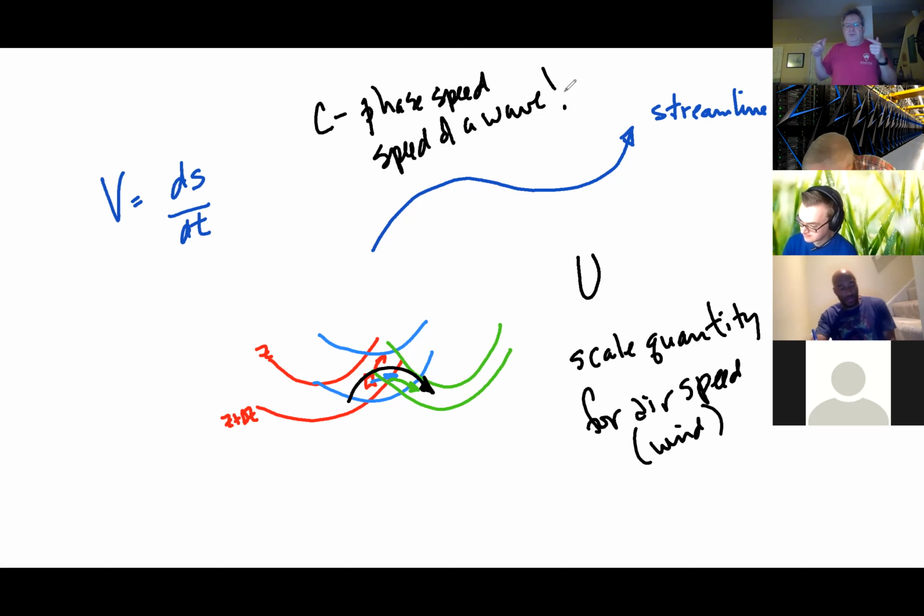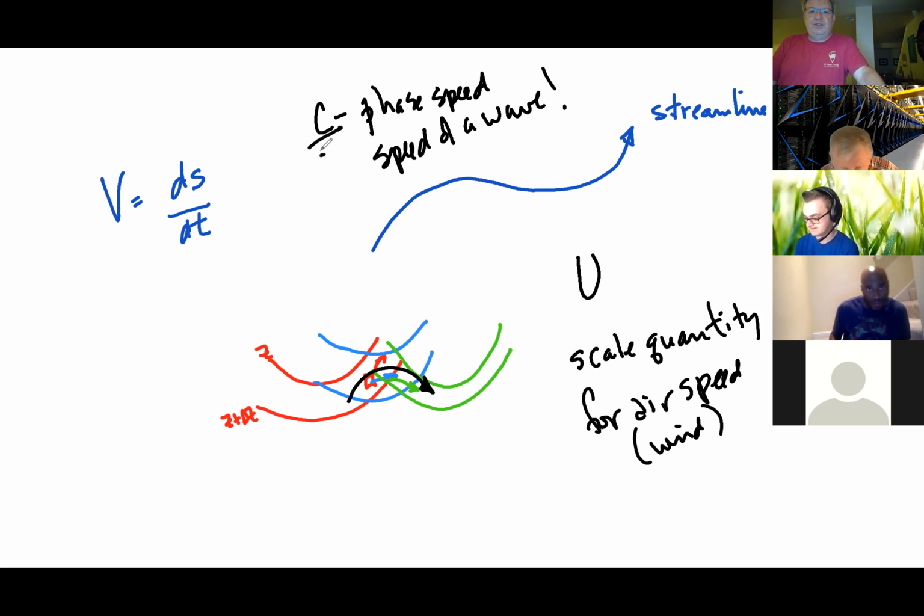The wind flowing through the wave will have a velocity that we assign to be an order of magnitude. We could be specific and say the winds are moving at 32 knots, but we are saying that there is a speed of the wind, and then there's the speed of the wave. Now, where else have you seen C in science?